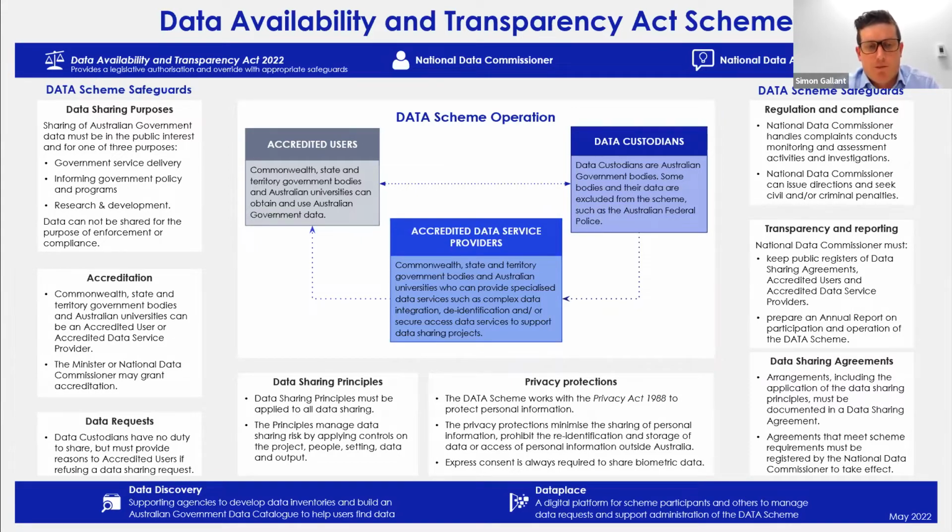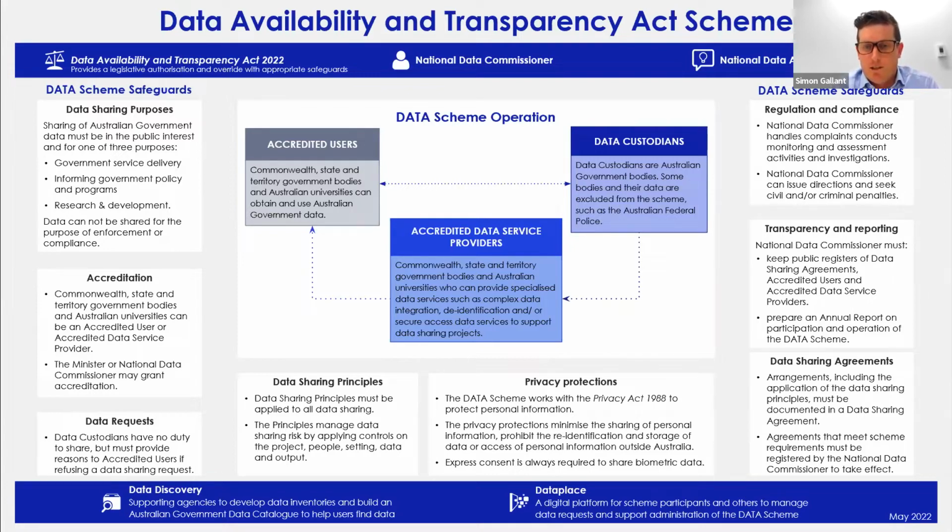Finally, we're doing a couple of pieces of work to make this all as smooth as possible. The first is supporting agencies through our data discovery program in developing data inventories. And we're also building an Australian government data catalogue that will connect to existing tools like the Australian government digital atlas and data.gov.au, so that there will be one place that's searchable for all public open data, as well as data sets that are available through the scheme.